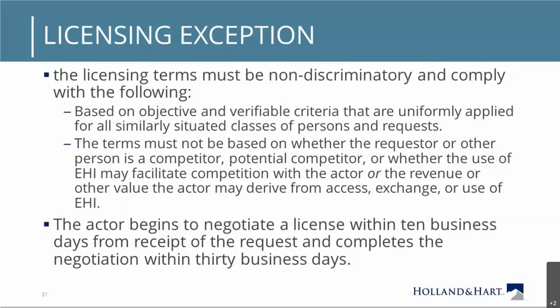One of the provisions that is required to invoke the licensing exception is that the actor must begin to negotiate a license within 10 business days from the receipt of the request and complete the negotiation within 30 business days.